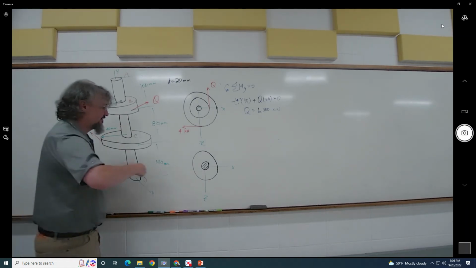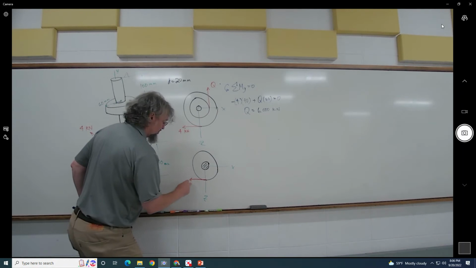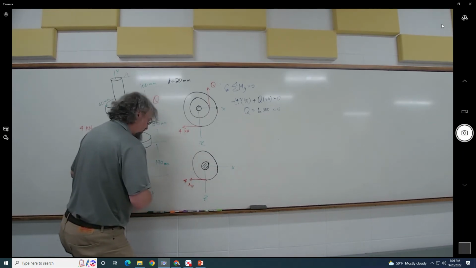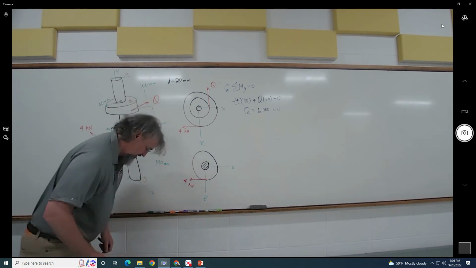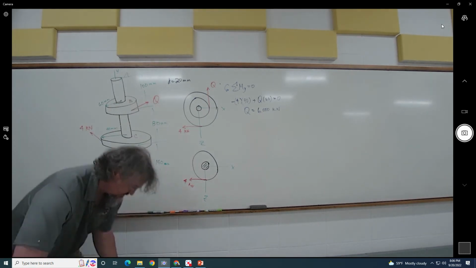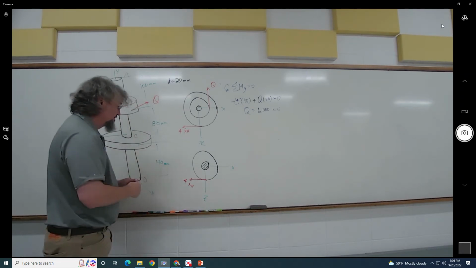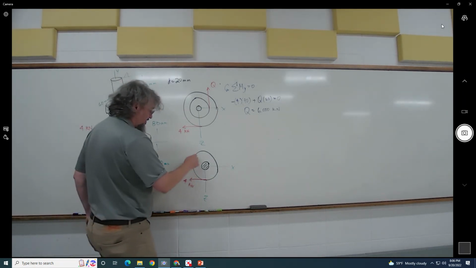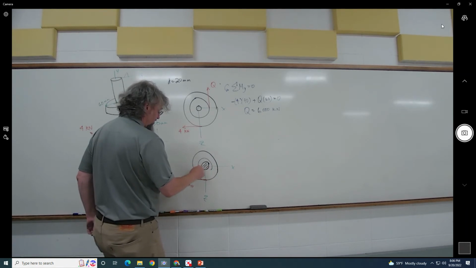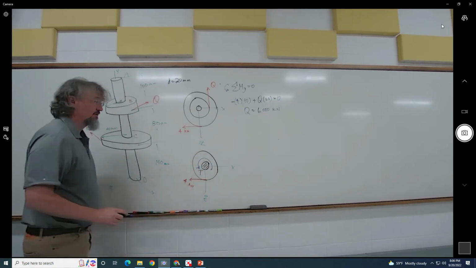So we still have this 4 kilonewtons, but in order for this to balance, that looks like it's going clockwise, so this must be going counterclockwise. We get the torque to be able to expose it.